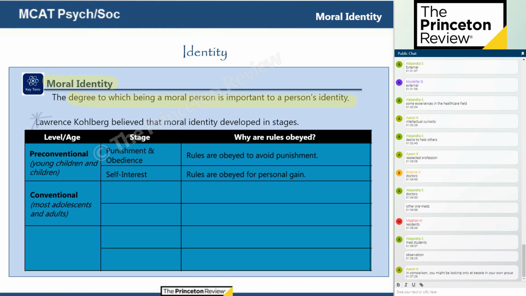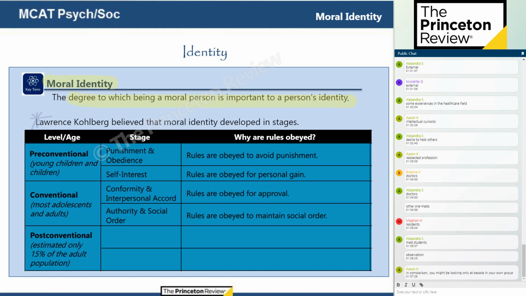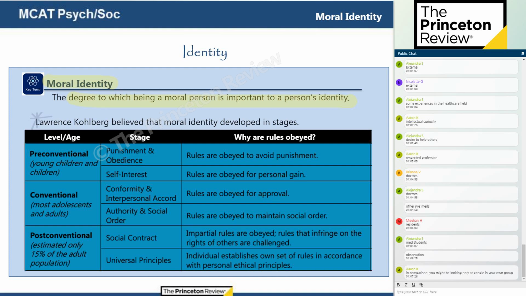Where he says most folks get to by adolescence and into adulthood is the conventional stage, where we obey rules, morals of society in order to have social approval and to keep the social order intact.